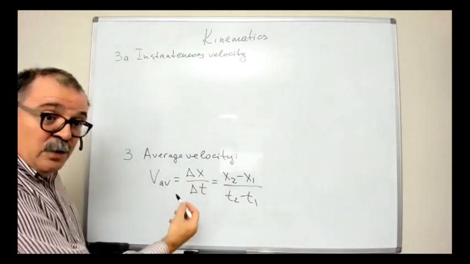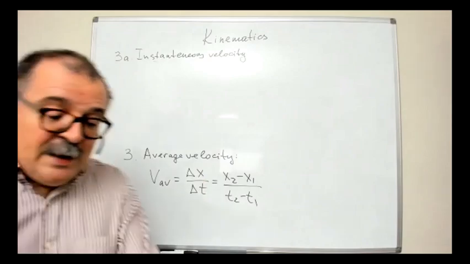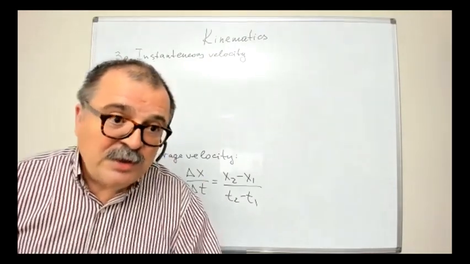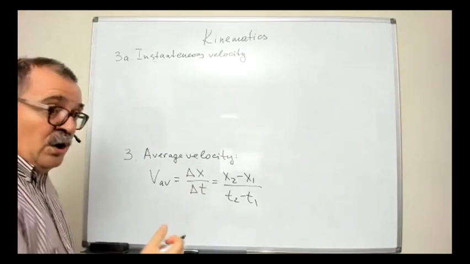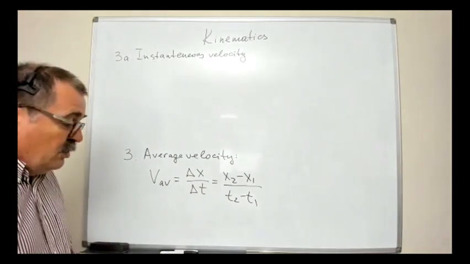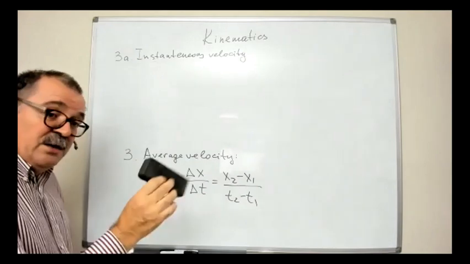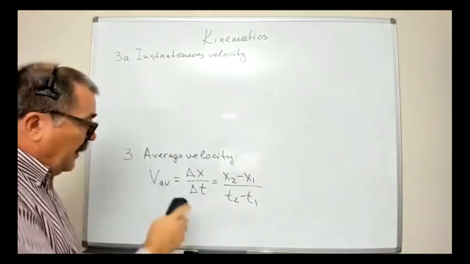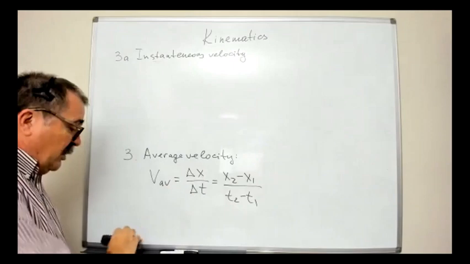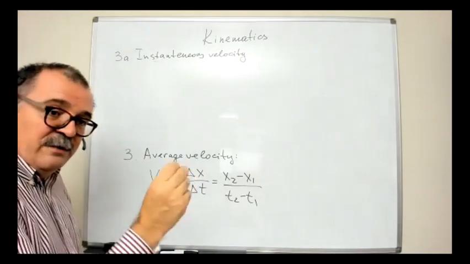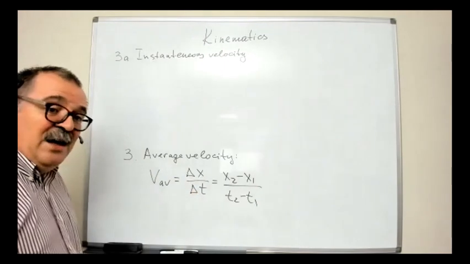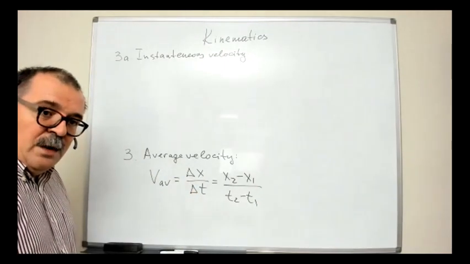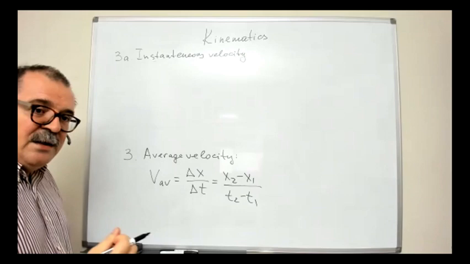Of course, delta x will also be reduced. And our experiments show that in all cases related to the motion of a macroscopic object, like this eraser, this ratio tends to a certain value. Mathematically speaking, this ratio has a well-defined limit.